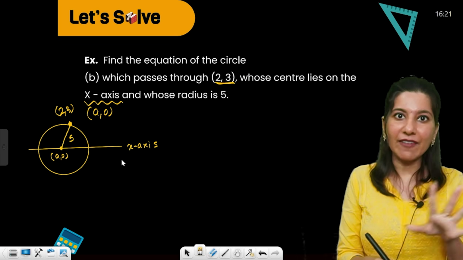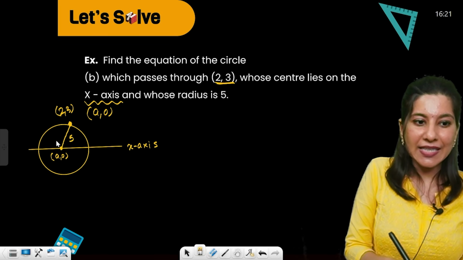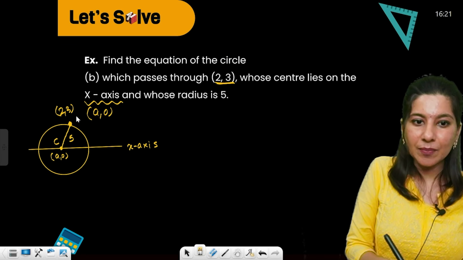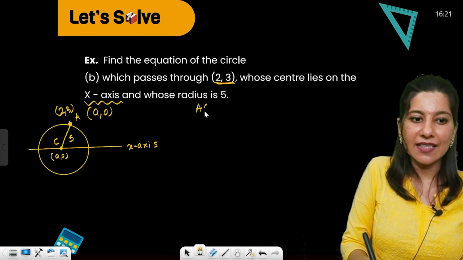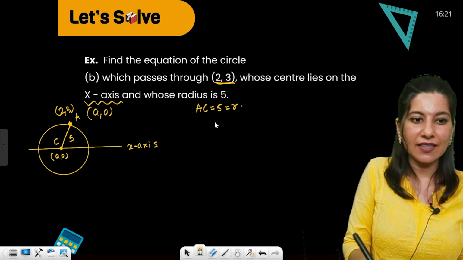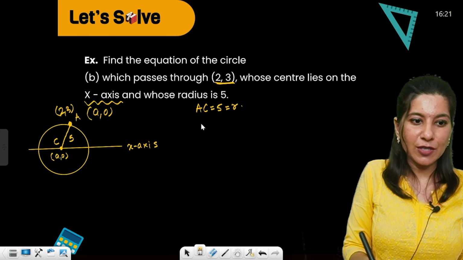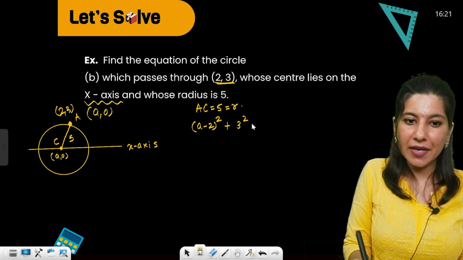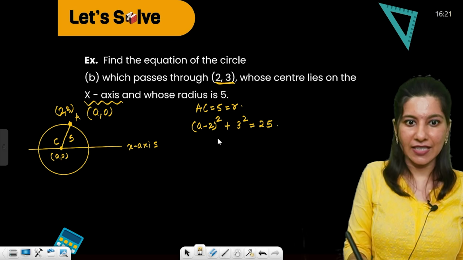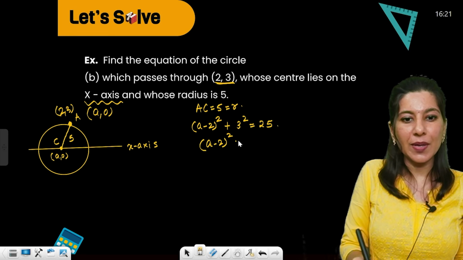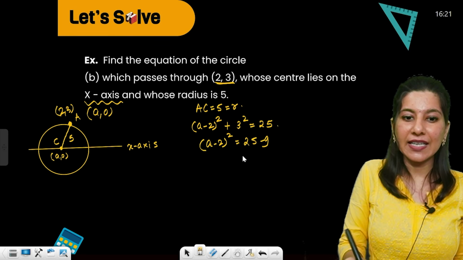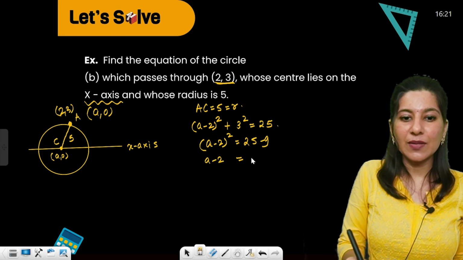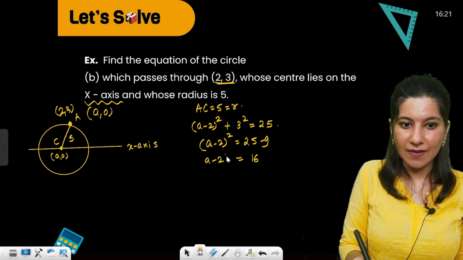Very clearly we have to apply the distance formula between the center and the point it passes through, let's say A. So AC is 5, which is the radius, right? Now AC: this is going to be (a - 2) whole square plus 3 square is 25. Correct? (a - 2) whole square is equal to 25 minus 9. So (a - 2) whole square will be equal to 16.